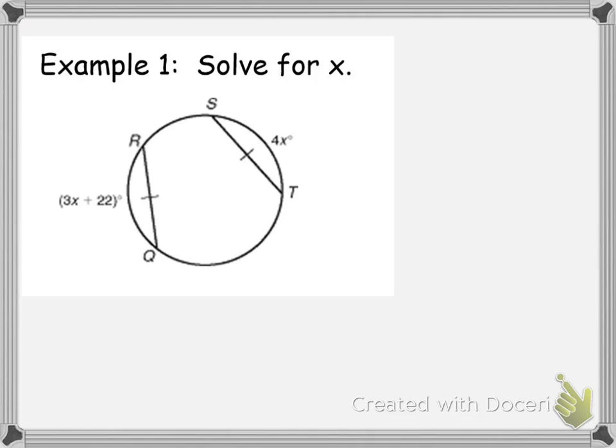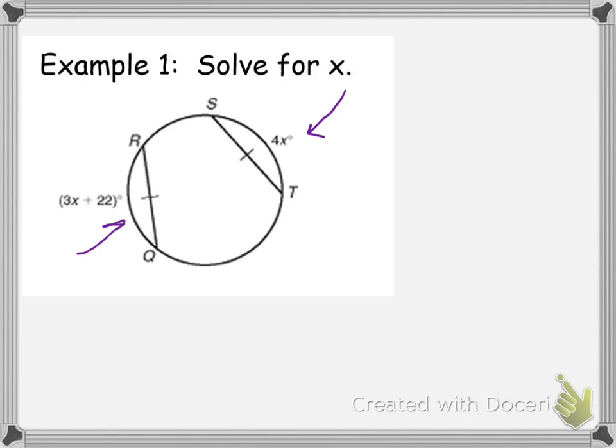So let's take this problem for example. Note that in this question I have two congruent chords, both ST and RQ, and I'm given two arcs. ST is 4x and RQ is 3x plus 22. So going back to the previous slide, if the chords were congruent, that was because we had some congruent triangles, the central angles were congruent, so that means that the arcs are also going to be congruent as well.